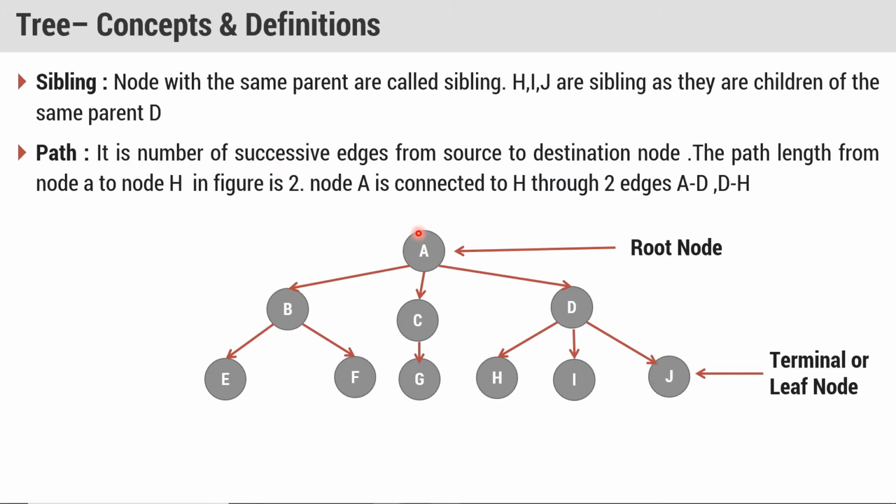Suppose we have to connect A to H, then through two edges, one is A to D and second is D to H, we can reach from A to H. So this is the path connecting source A to destination H.